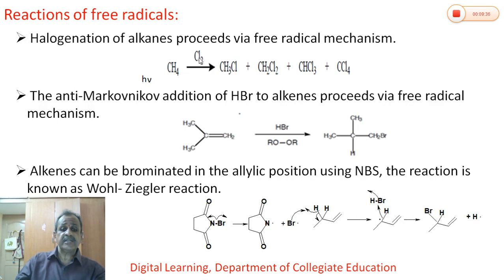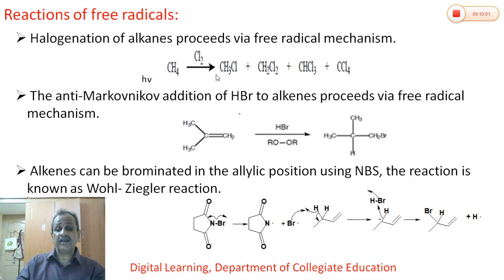First one hydrogen is replaced by chlorine, we get CH3Cl. The reaction doesn't stop at the mono substitution stage. It continues further. Second hydrogen is replaced by another chlorine, we get CH2Cl2, methylene chloride. Then third hydrogen is replaced by chlorine, we get CHCl3, and the last hydrogen is also replaced by chlorine, CCl4.